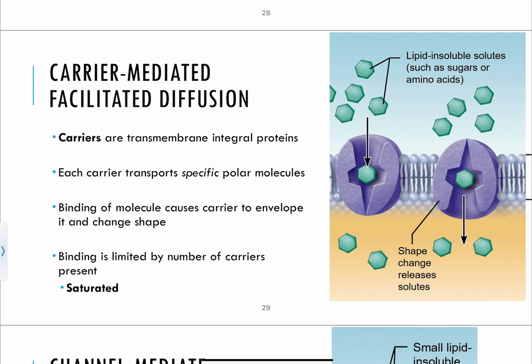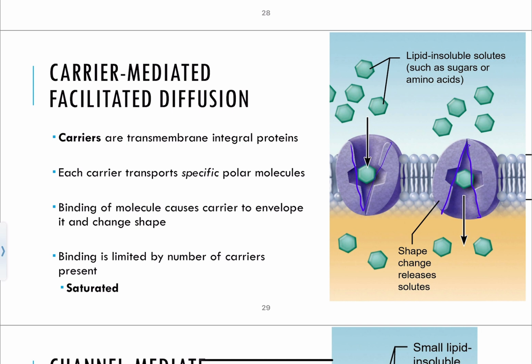And what happens is when these molecules bind to this protein that's in the plasma membrane, it's going to cause it to change shape. So initially this is its shape right here. When something binds, it's going to cause it to change its shape to look like this, which allows that molecule to go from the extracellular fluid to the intracellular fluid. So basically it's going to allow for moving a molecule from one face of the membrane to the other.